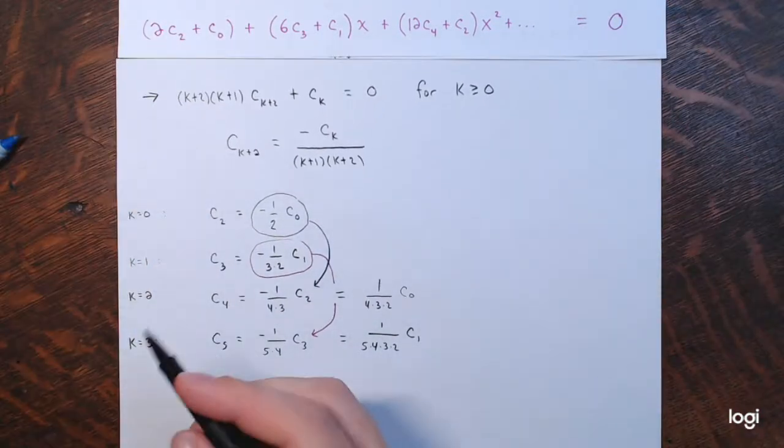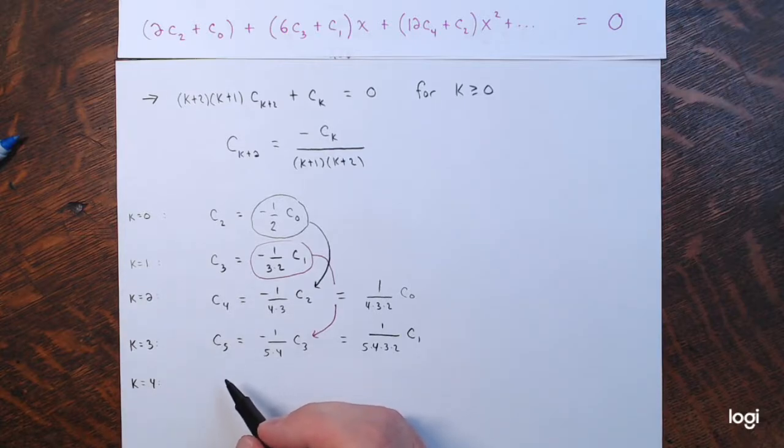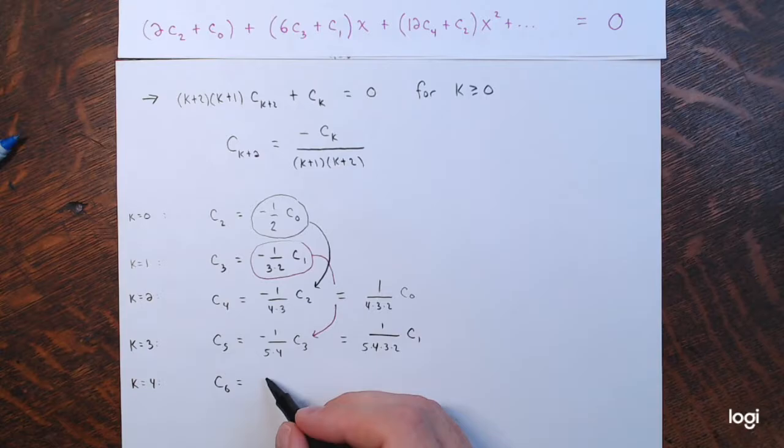So again, I'll keep on. So k equals 4. So we have c6 would be equal to. I'll do one more pair of these, and then we'll get back to writing out our power series solution and seeing how it's actually going to be a 2-parameter family of solutions.